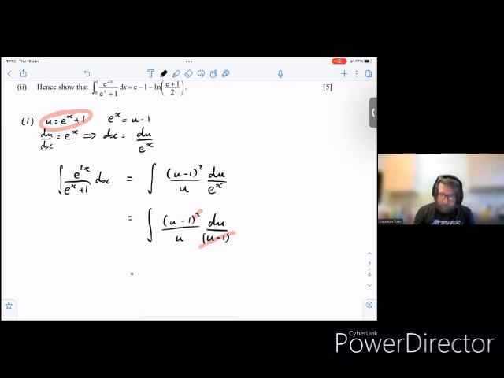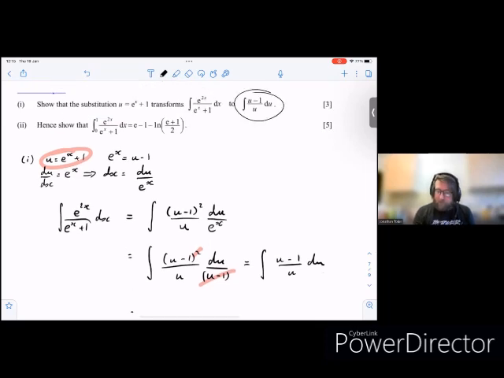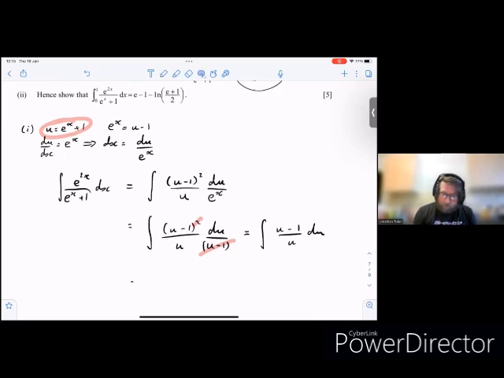And we're left with the integral of u minus 1 over u du. Now, what did we have to get? Yeah, that was the point we had to get to. So that's it. Now, I'm scrolling down a bit, so I'll just grab this.